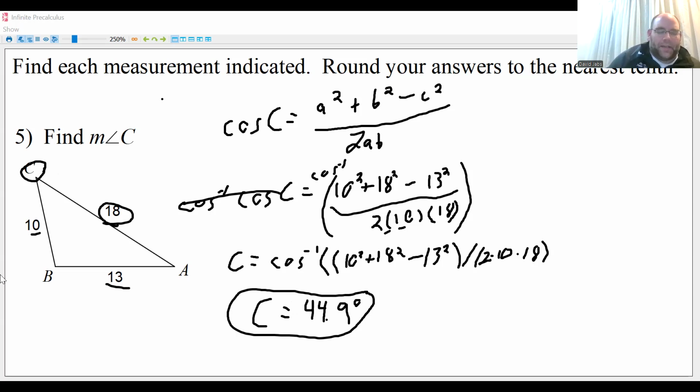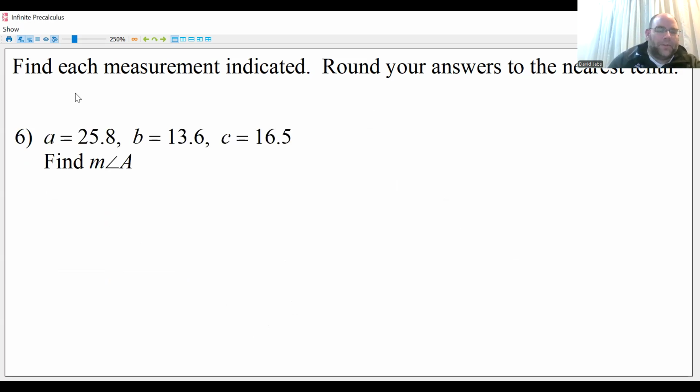All right, so that's the one where I actually give you the picture. Let's do one where I just give you some measurements here. This one shouldn't be too bad to set up.